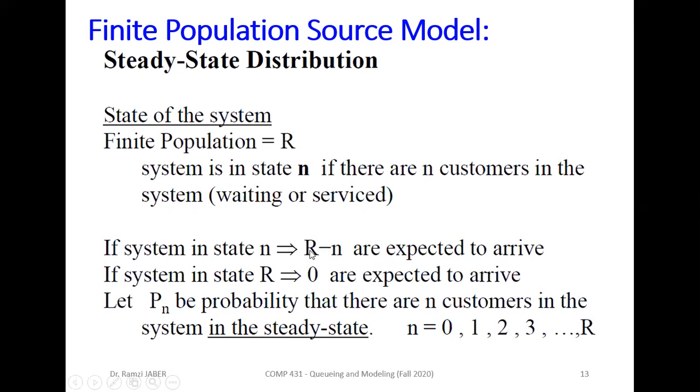We have here from 0 to R, maximum R customers. It's different than the buffer. If the system is in state R, it means 0 customers are expected to arrive. Let Pn be the probability that N customers are in the system.